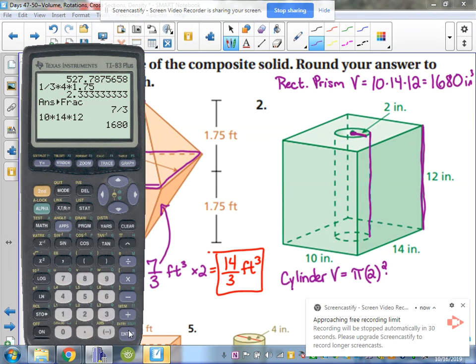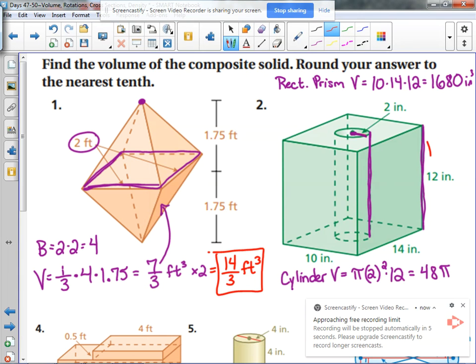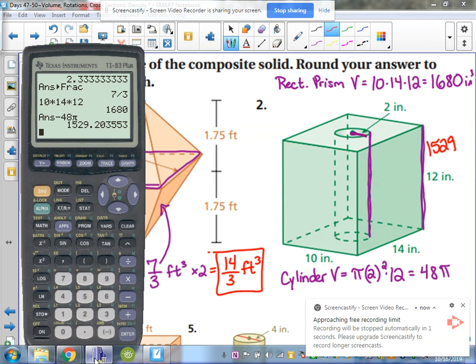Transfer that right here to the inside. So we've got 48 pi. We're taking it out, so we subtract. Now, since the 1680 did not have a pi, it was not in terms of pi, I do need to subtract the entire 48 pi to get my answer of 1,529.2.